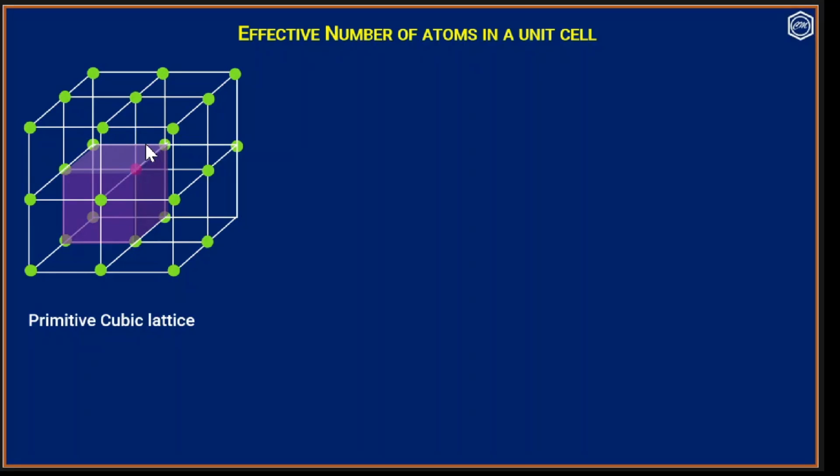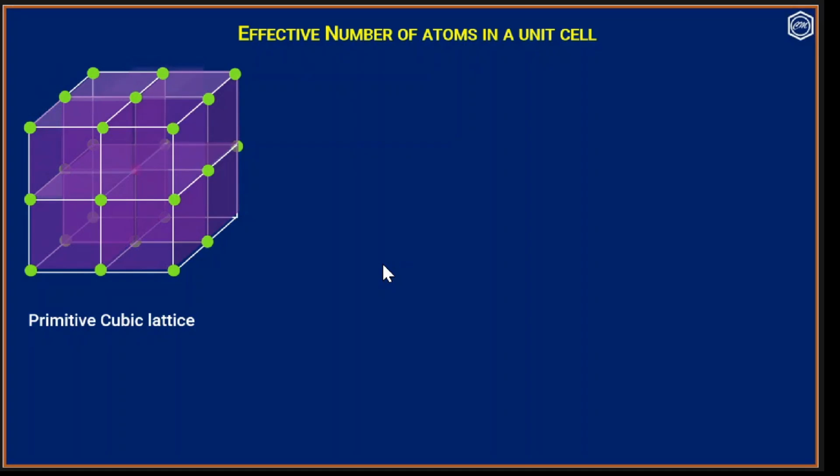Now this is actually the unit cell, and this red lattice point is shared by this unit cell as well as four from the back. Similarly, it is shared by four from the front. So totally 8 unit cells share 1 point.